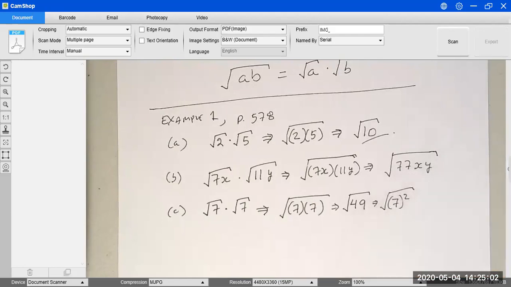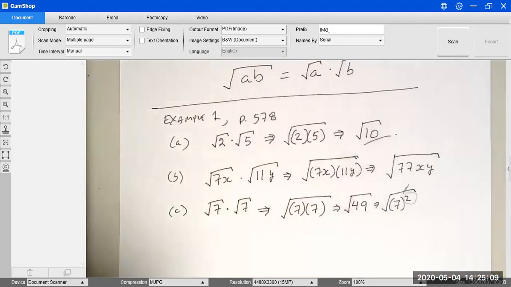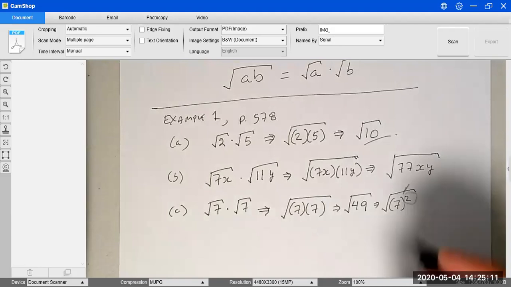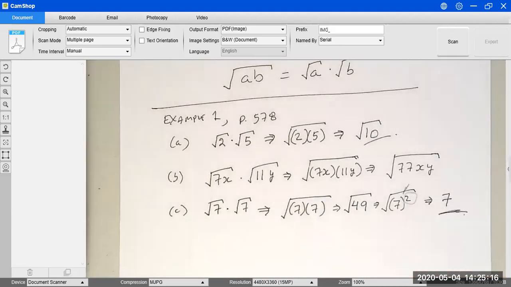And now we're going to be able to do a simplification. We're going to remove this radical sign and the exponent at the same time. So we get 7, and that's the final answer.